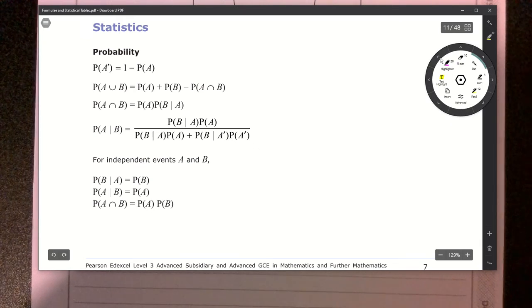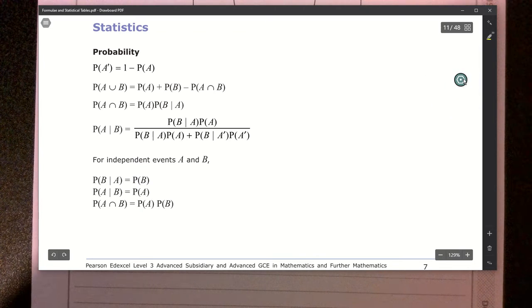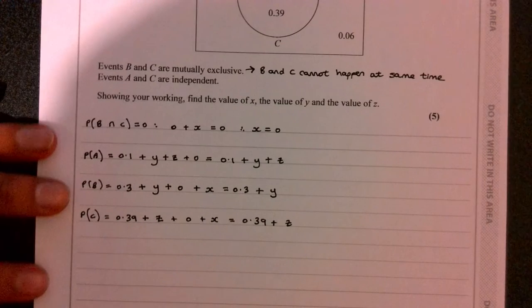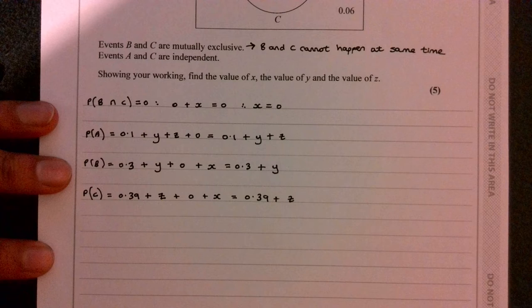So let's just highlight this. If we just highlight this piece of information, we have over here the probability of A multiplied by the probability of B. So let's just write that down.